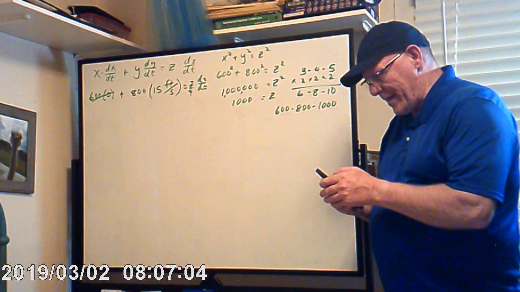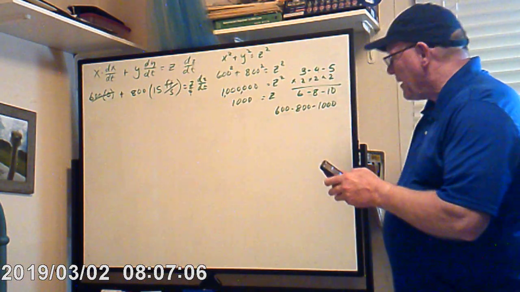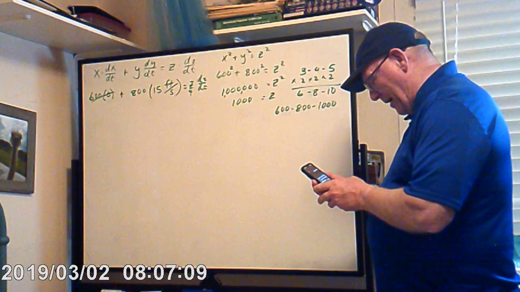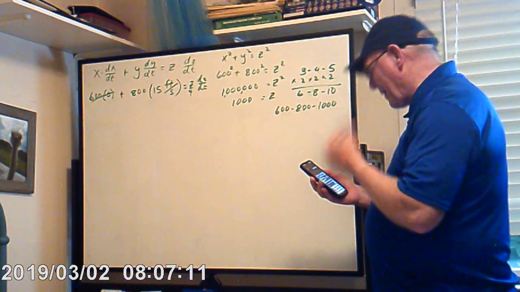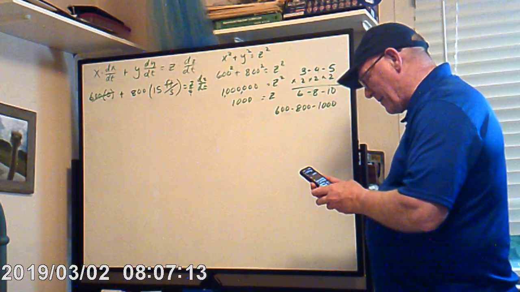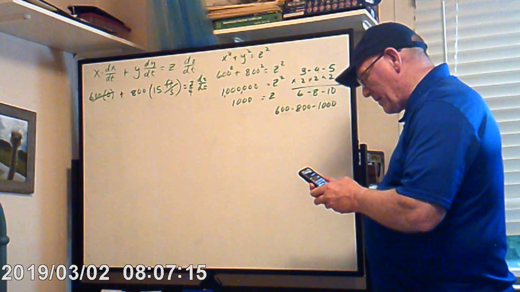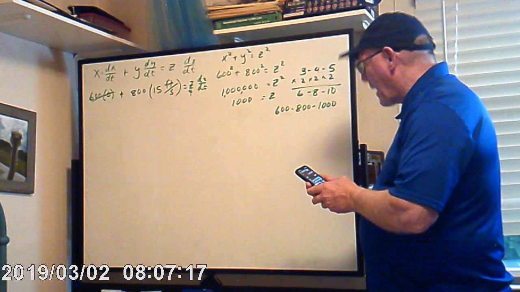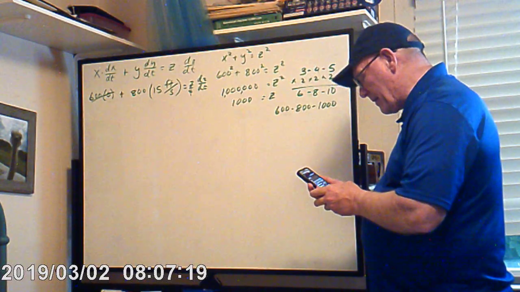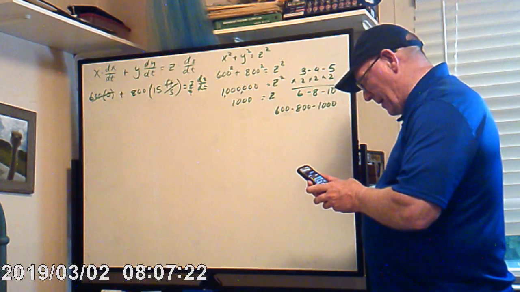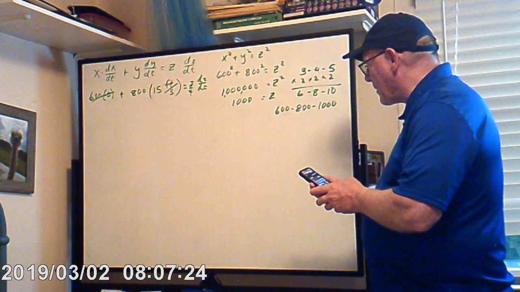I don't think I need it, but there it is. So let's see, 600 squared plus 800 squared, okay, yeah, that is 1 million.